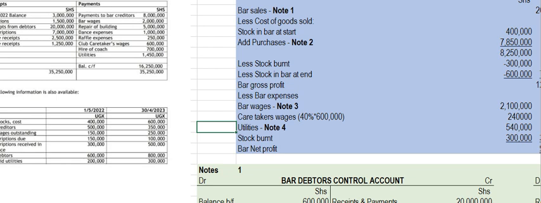We have dance receipts of 2.5, and then we also have dance expenses. Still, we have the raffle receipts as well as the raffle expenses.